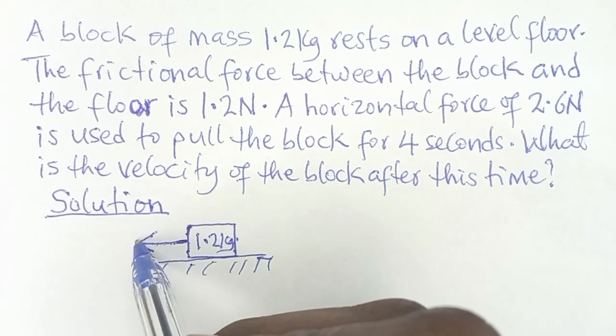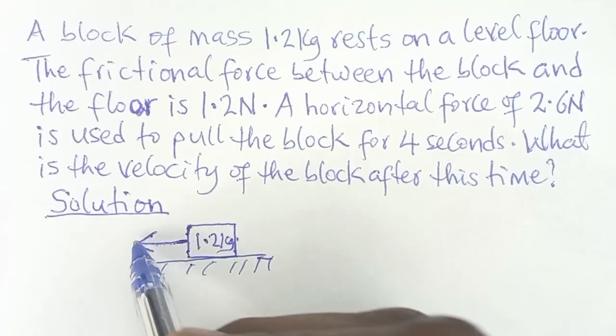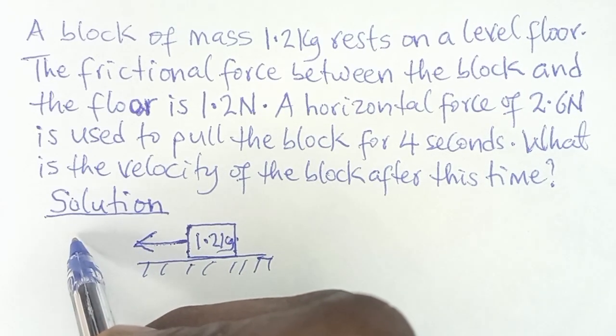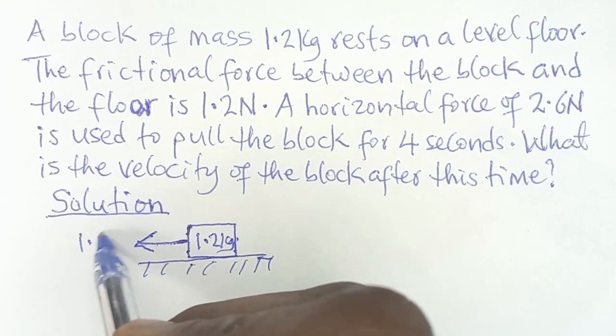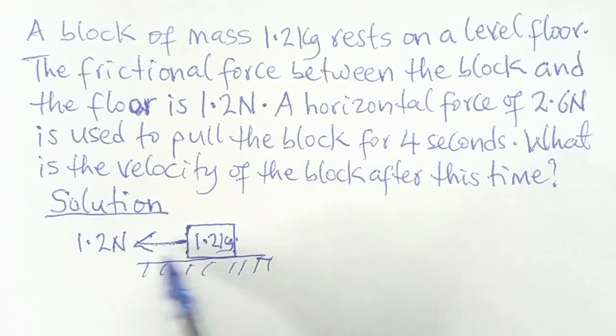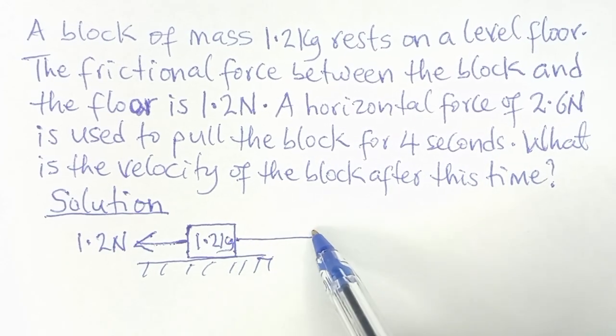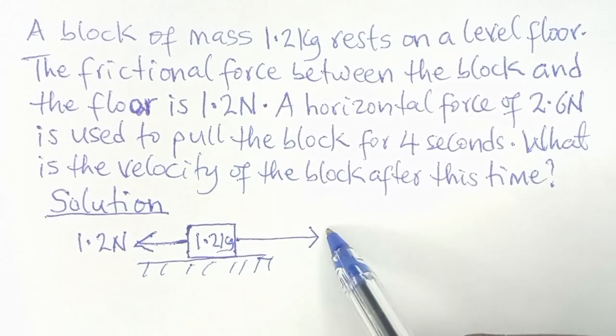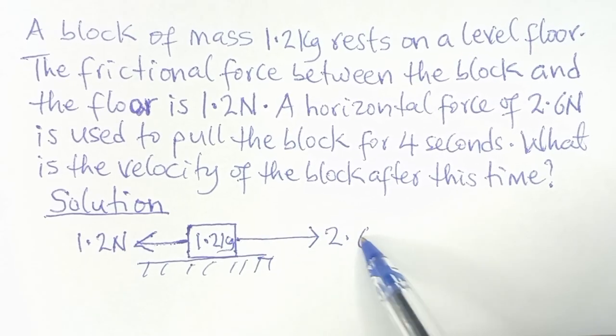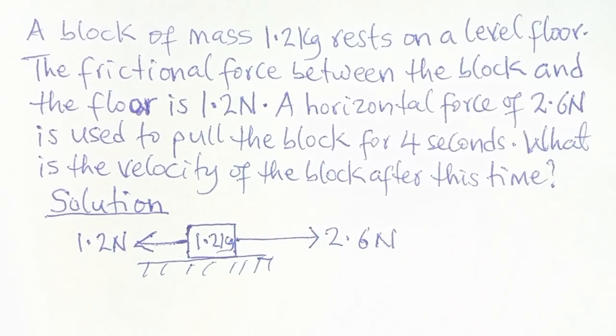So frictional force opposes motion. Don't forget, friction opposes motion. So the frictional force is 1.2 Newton, opposing the motion. And this is the direction with which the block is pulled by a force of 2.6 Newton.